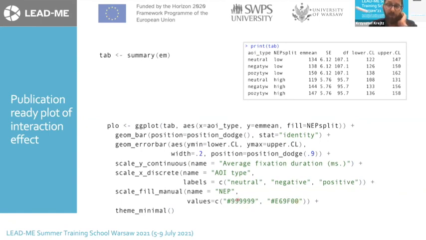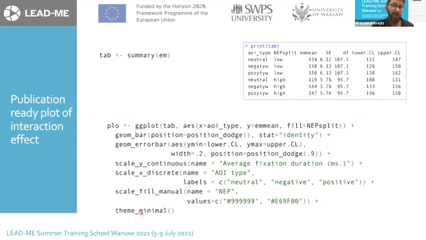I use these colors because these colors are friendly for colorblind people. So when they read my papers, I would like to make the papers more accessible for them. So that's why I'm used to using these colors.